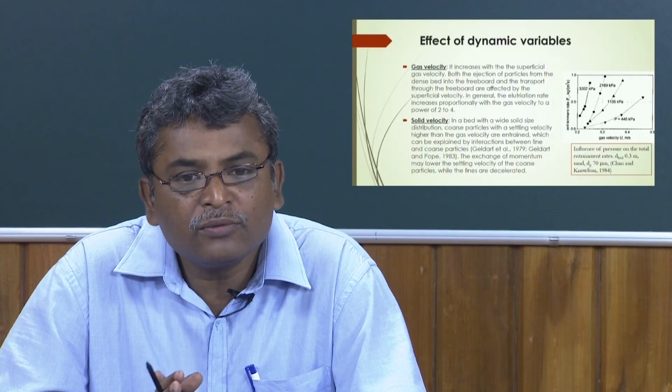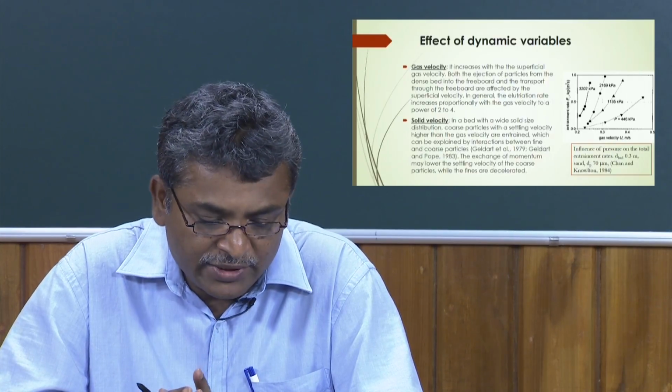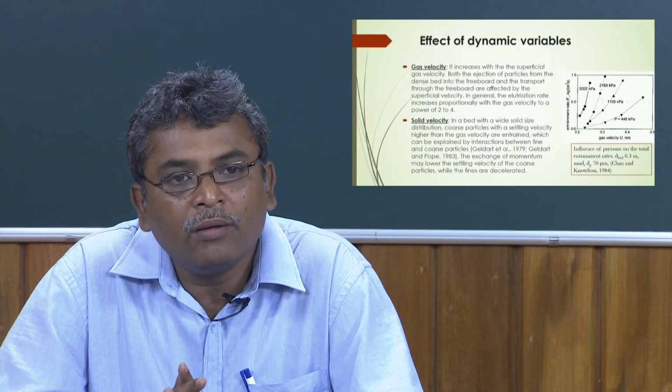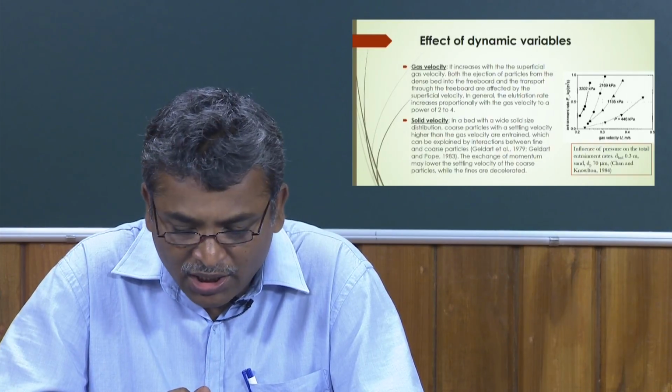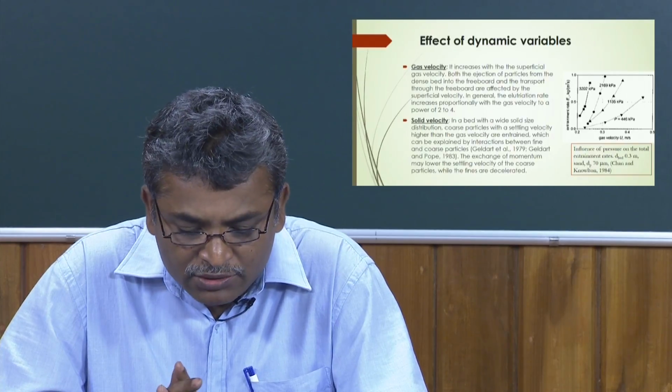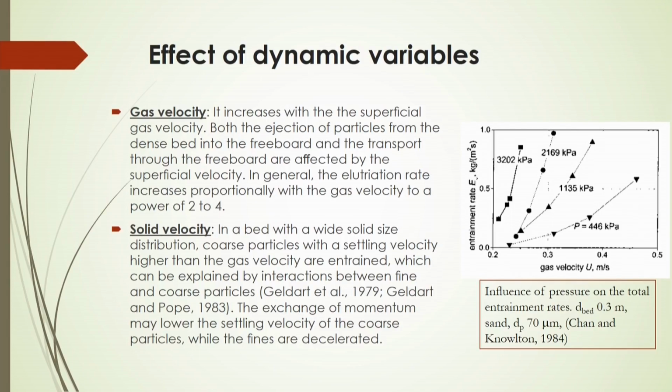Now, inside the bed, the solids will of course be moving. So, what should be the solid velocity? That also affects the entrainment characteristics inside the bed. In a bed with a wide solid size distribution, coarse particles with a settling velocity higher than the gas velocity are not entrained.